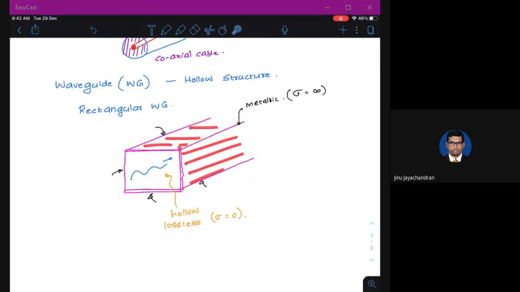So there's a boundary here. When it reaches the boundary, it cannot travel outside. It will reflect back, and it keeps on propagating. And outside it is air.